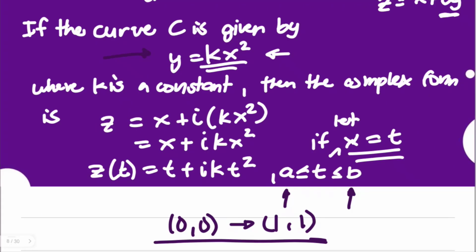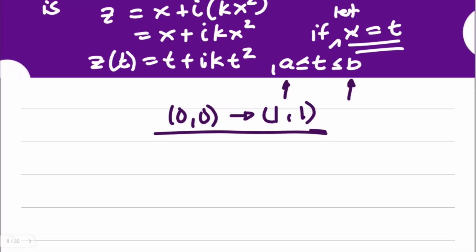So you could have a being 0 and b being 1. But it's not all the time 0 and 1. It depends on the starting point and the end point. If it's not given, we can represent it in other forms, but let us have it here for some illustration, clear examples, so we can look for the actual form of our z of t.